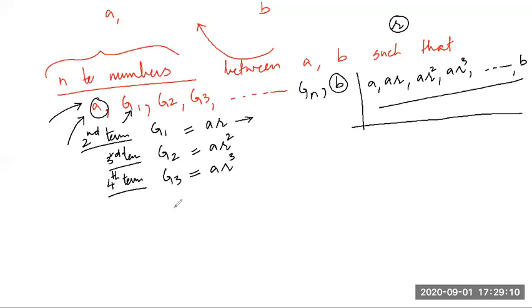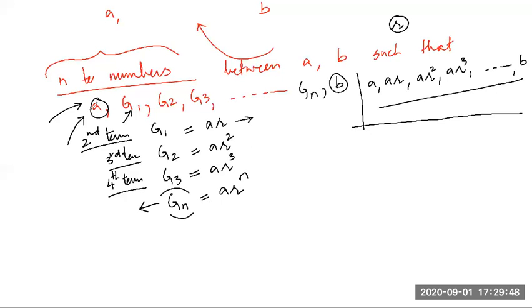Very right. So what is my nth term, Gn? G3 is AR cube, G2 is AR square, so Gn is obviously AR raised to power n. So now students, Gn will be which term? Will it be the nth term, n plus 1th term, or n plus 2th term? Arjinder, can you say? Think.